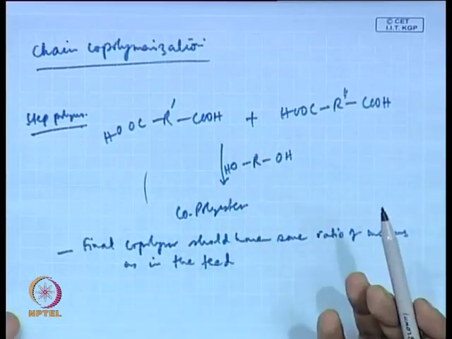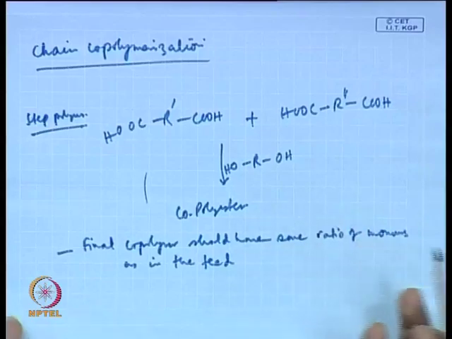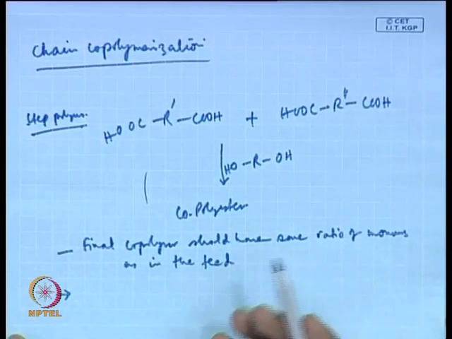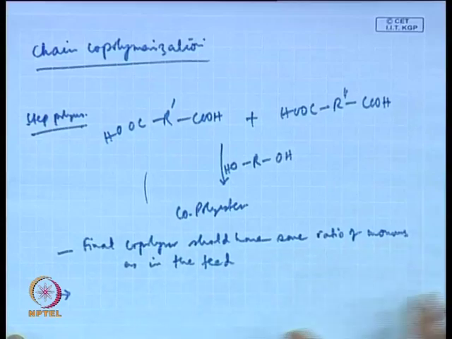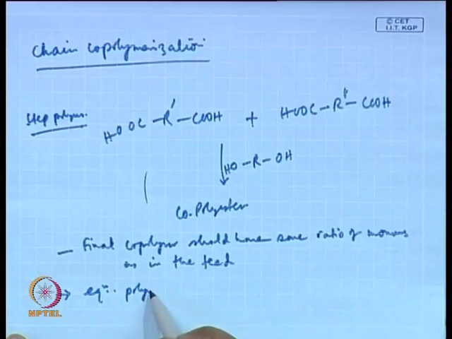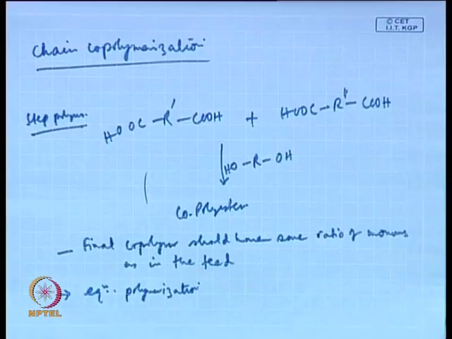So, the feed ratio of the different monomers has to be the same as in the copolymer as well. And we also know that step polymerization is an equilibrium polymerization, where the reaction is slow and different shapes and sizes of oligomers or polymers are in equilibrium.